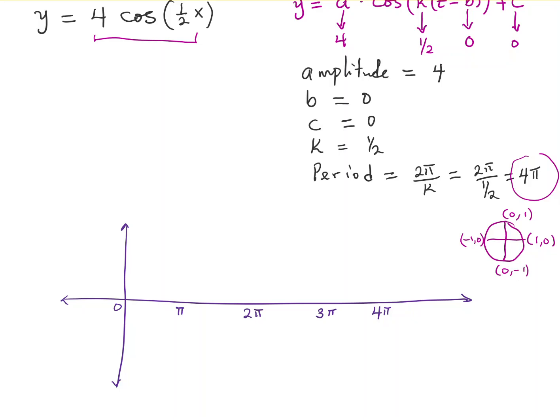However, what is our amplitude in this case? 4. Remember that the meaning of amplitude is the height of the wave, which is 4. So if this is 2 and this is 4, this is negative 2, this is negative 4.